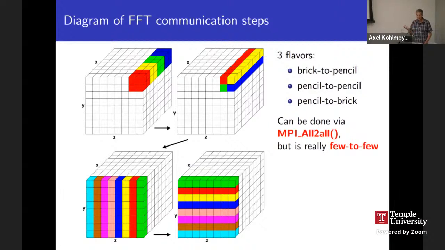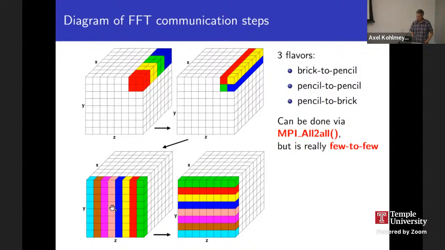You can think of doing that with MPI all-to-all. So saying my 64 processors are going to ship data somewhere else, and that would work. But if you think about it, and these diagrams illustrate it, it's really a few-to-few communication. So look, for example, at these two bottom diagrams. There's 8 processors here, each of which owns one of the Y pencils. We want to get to pencils in the Z direction.